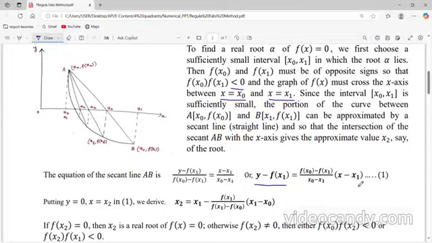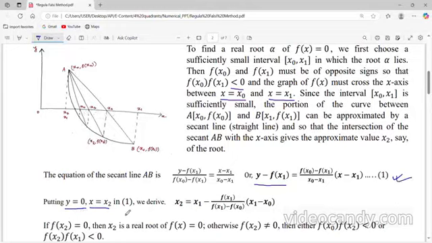We call this equation 1. Now in place of y we put y equal to 0 and x equal to x2, since x2 lies along the x-axis.